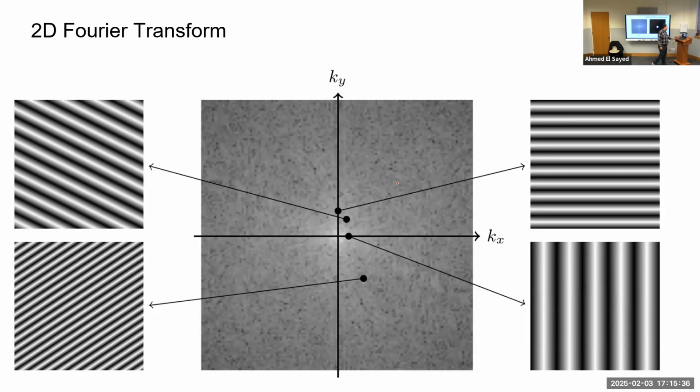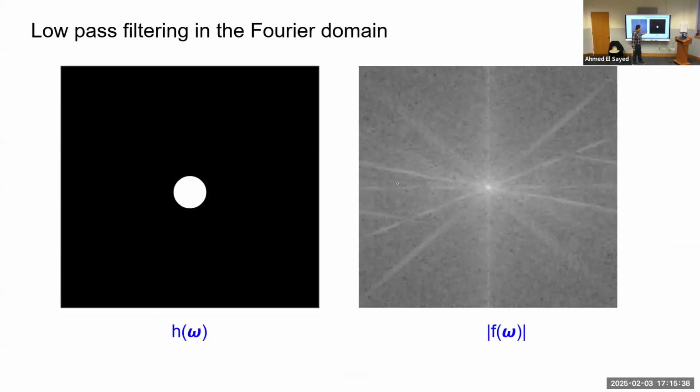Okay? Now, if I want to filter the image, simply mask this with this. What is the value here in the black area? Zero. So all those are zeros. What is the value here in the white area?